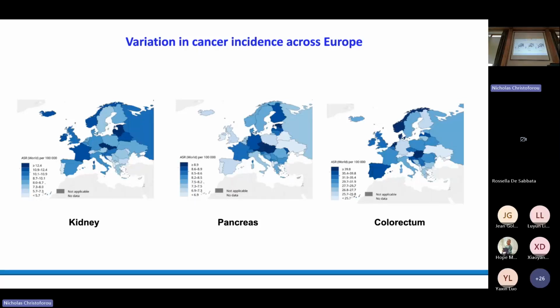So for kidney, very high rates in Czech Republic, Slovakia, Latvia, Estonia, but comparatively lower rates in some of the southeastern European countries. If you look at pancreas, again, we see the highest rates in Hungary, Czech Republic, Austria, Estonia, and then much lower rates in, for example, UK, Spain, Portugal.